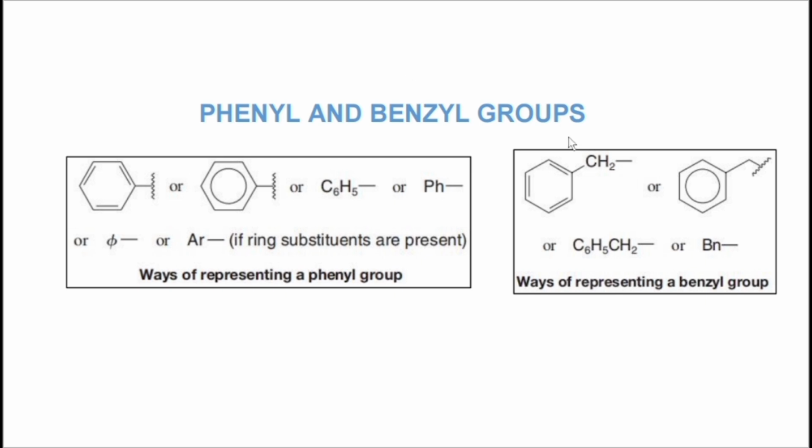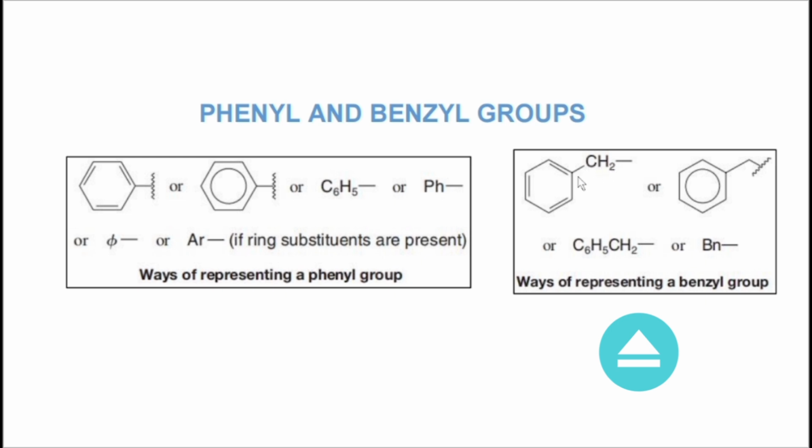On the other hand, you have a benzyl group. A benzyl group is when a phenyl group is attached to a methylene group as well. If you can remember, methane means CH4, methyl means CH3. Now methylene means a CH2 group. A CH2 group means you need to have two extra bonds, one on either side.